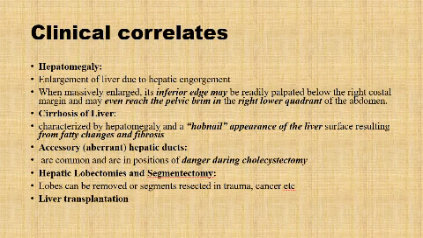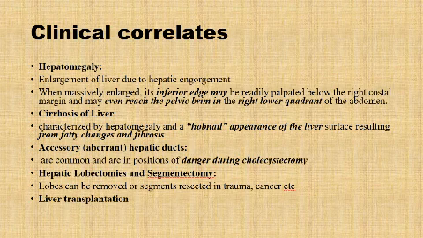We also have cirrhosis of the liver, characterized by hepatomegaly and a hobnail appearance of the liver surface resulting from fatty changes and fibrosis. Maybe I have some pictures of the fatty liver and the fibrosed liver, so you will see it.